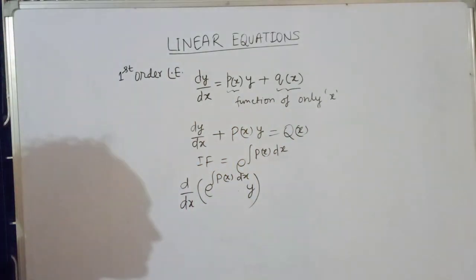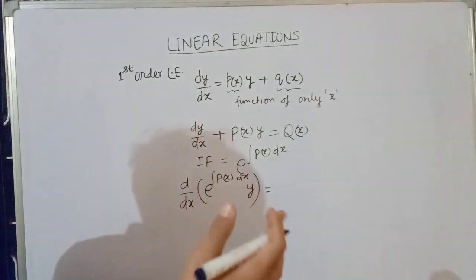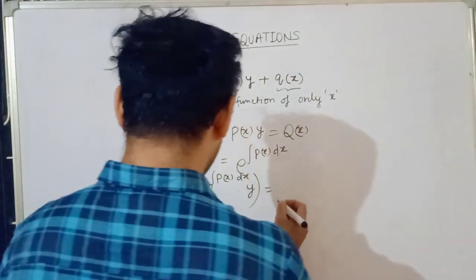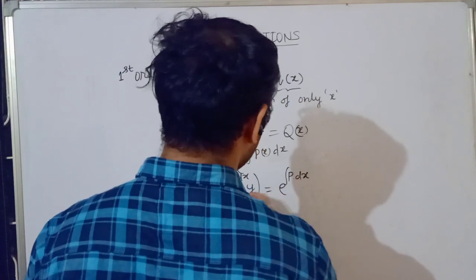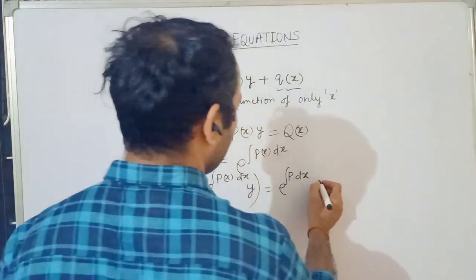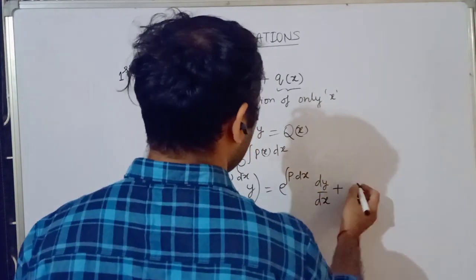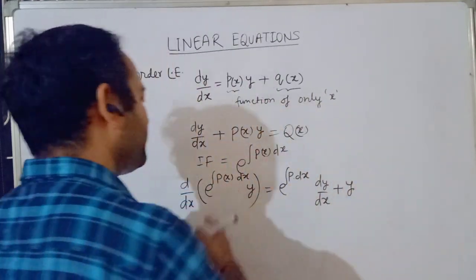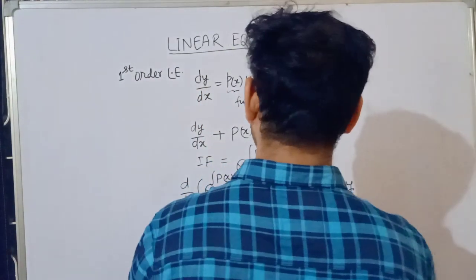Can you differentiate it? Of course you can, by the first function and second function rule. So it would be the first function into the differentiation of the second one, dy by dx, plus the second function into the differentiation of the first one. So what would the differentiation of the first one be?